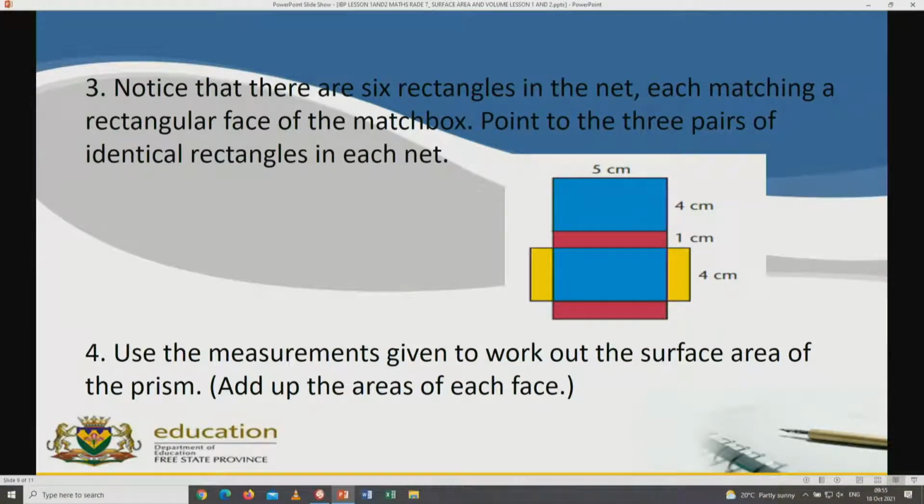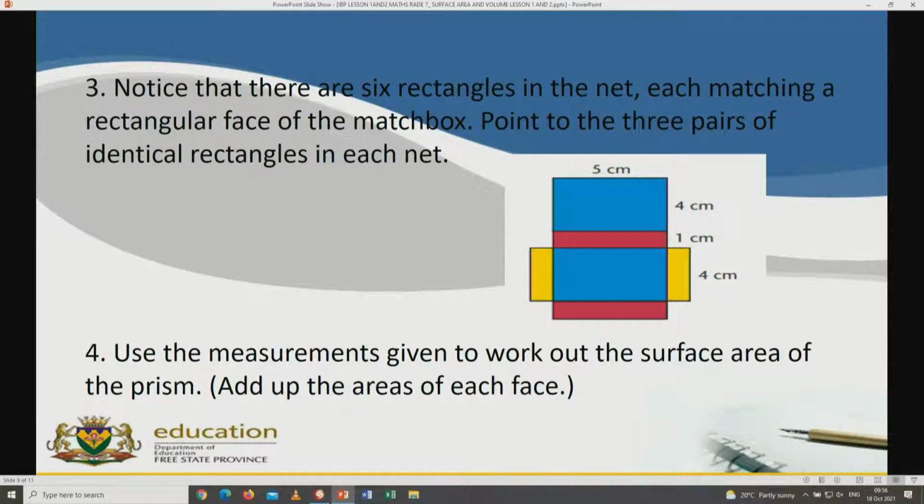Now, let's have a look and continue. The length here is 5 centimeters. The breadth is 4 centimeters. And the height is 1 centimeter. Now, use the measurements given to work out the surface area of the prism.